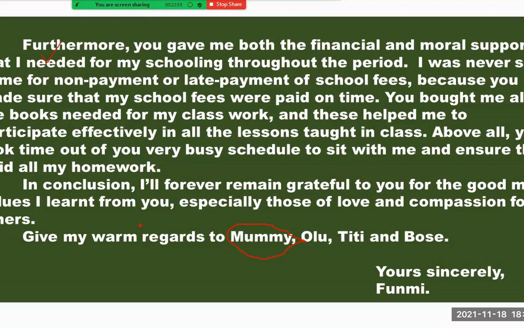You don't want to actually disobey the instruction of the examiner. You were asked to write a letter of appreciation to your uncle, not to your father. So to that extent, it is proper for you to begin with the appropriate salutation, dear uncle, all right?